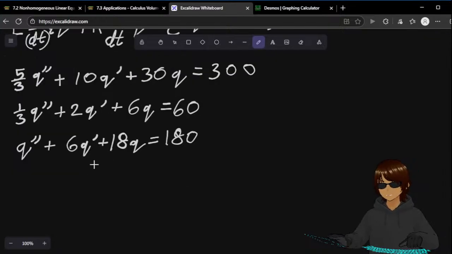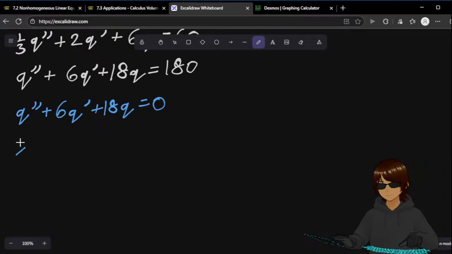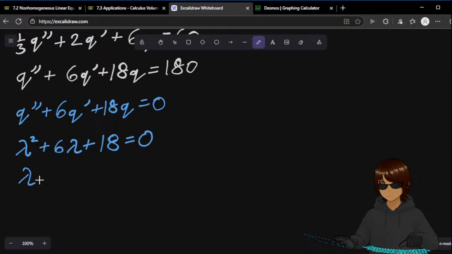Now we need to find the solution for this. Lambda square plus 6 lambda plus 18 is 0. Minus b plus minus square root of b square minus 4ac.